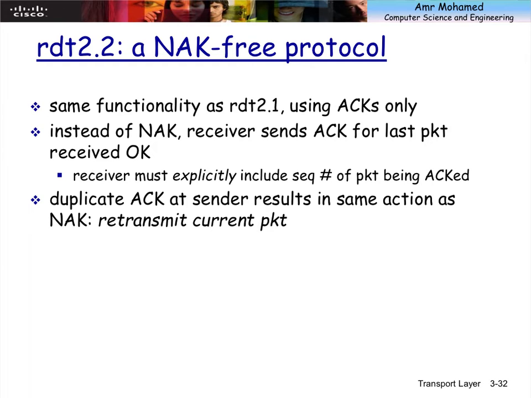We're talking about this here, why? Because of the possibility that the acknowledgement might get corrupted, we have a duplicate packet. So if we have a duplicate packet, as we said, we send the acknowledgement of the previous packet to indicate that the previous packet has arrived correctly.